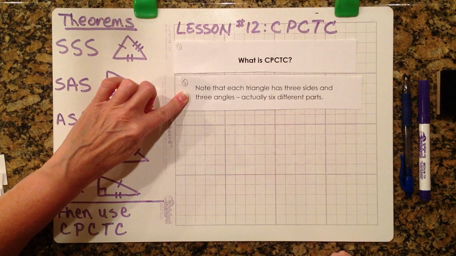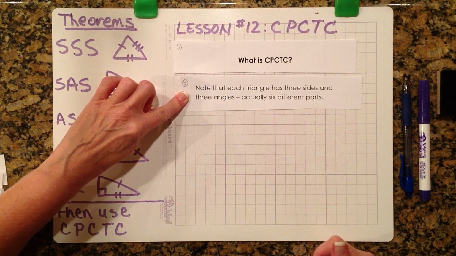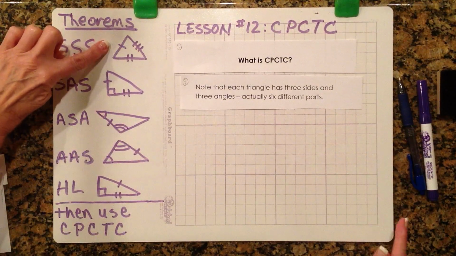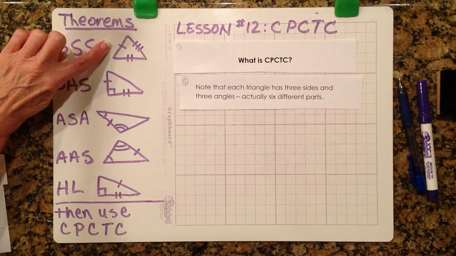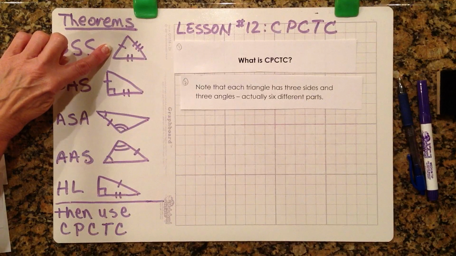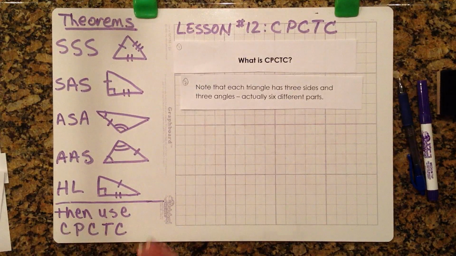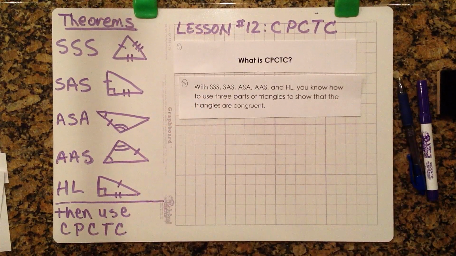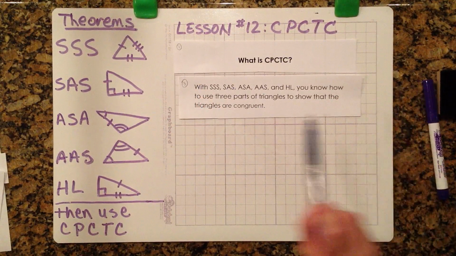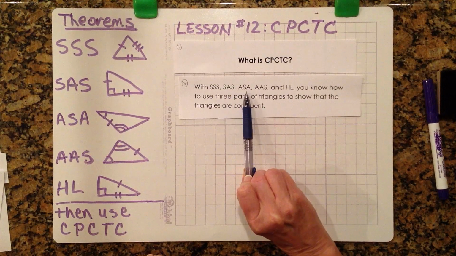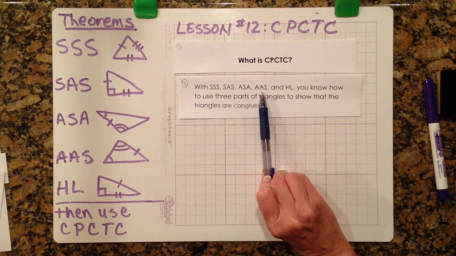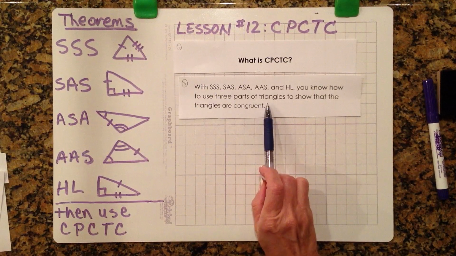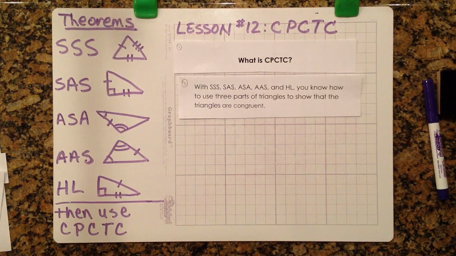Note that each triangle has 3 sides and 3 angles, so each triangle actually has 6 parts. With SSS, SAS, ASA, AAS, and HL, you know how to use 3 parts of a triangle to show that the triangles are congruent.